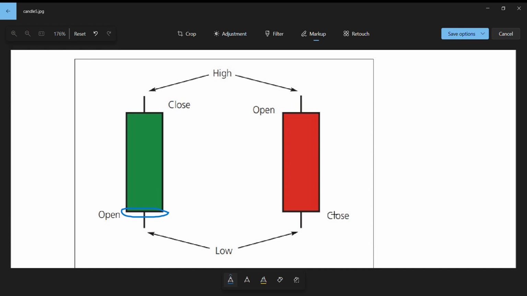Why is this called close for the red candle? Now, what does this mean? The question is this: did buyers or sellers come in here? Is it buyers or sellers that come in here? Who actually opened the market? That should be the question you ask yourself.